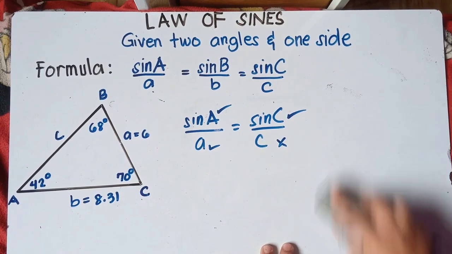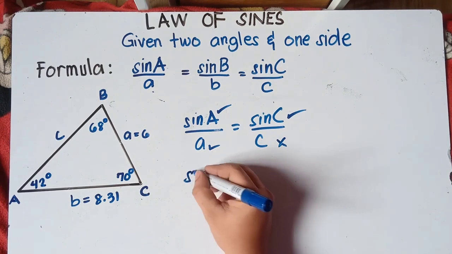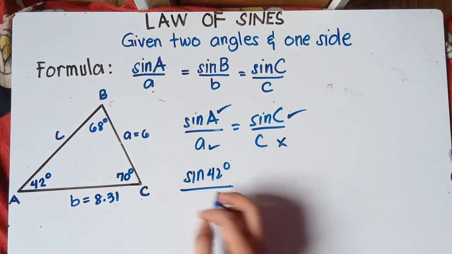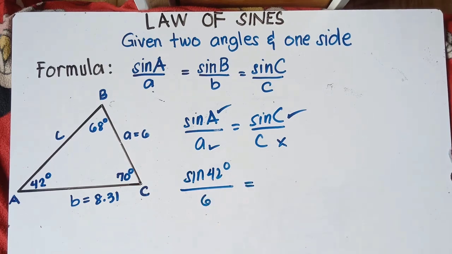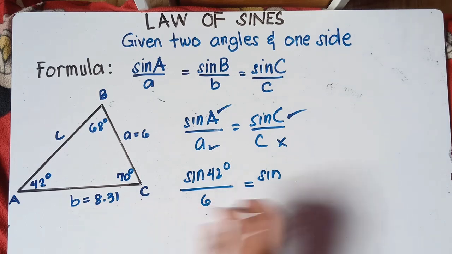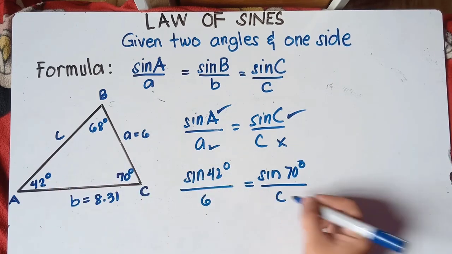Alright, so angle A is 42 degrees. So sine 42 degrees over small a, which is 6, equals sine C, our angle C is 70 degrees, over small c, which is unknown.